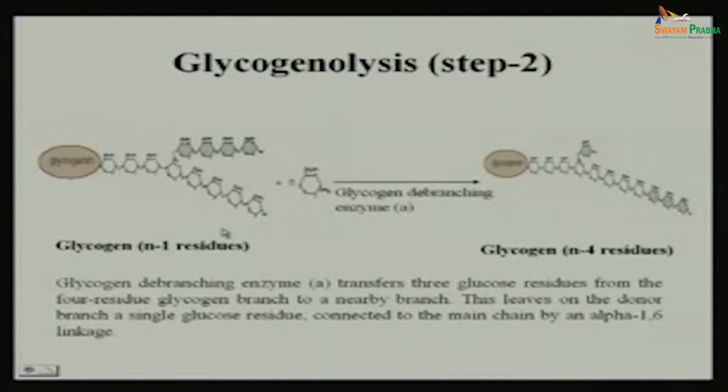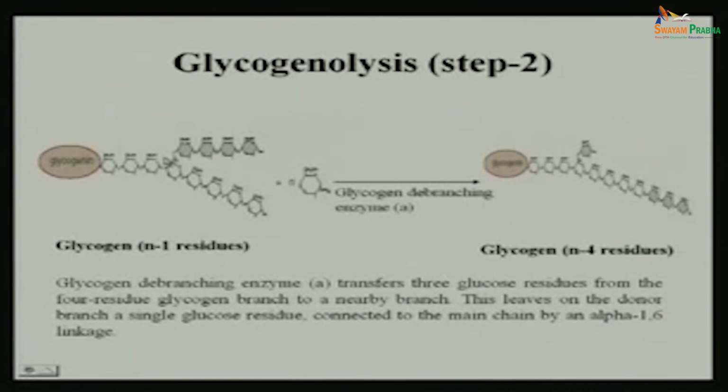That means this is the alpha-1,4 linkage, this is 1,6 and then 1,4 linkages are there, and the straight chain is going on. The phosphorylase enzyme cuts this and releases glucose moieties from this branch until 4 residues are left. As long as 4 residues are left, it stops its cleaving. That means here 1,6 linkages are there.